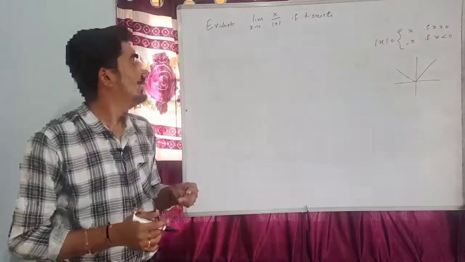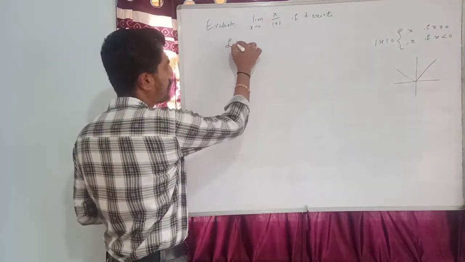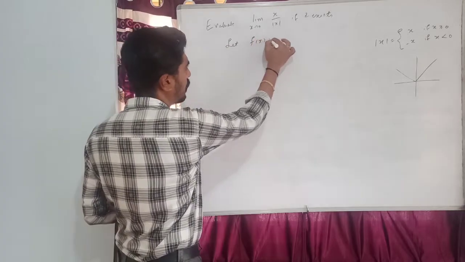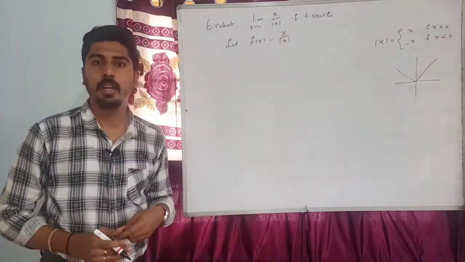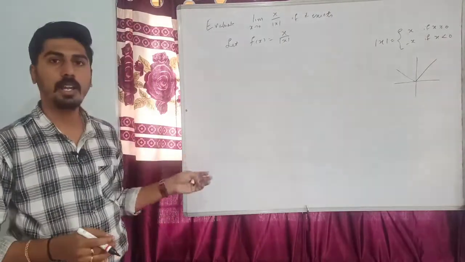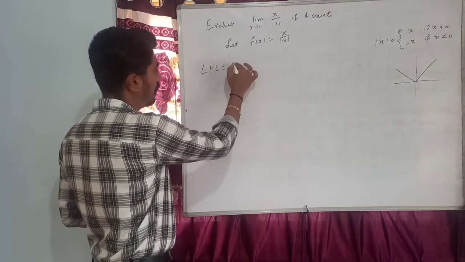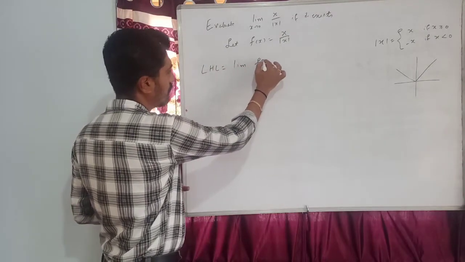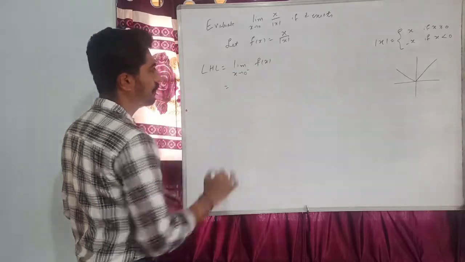Okay. So first let me take this function as f of x. f of x equal to x by mod x. Now let us find out LHL and RHL. LHL is equal to limit of f of x as x tends to 0 minus.